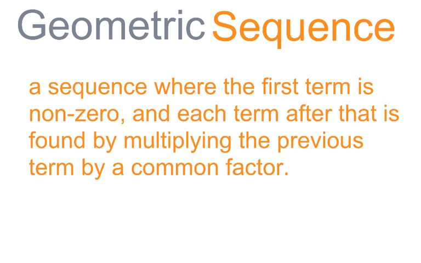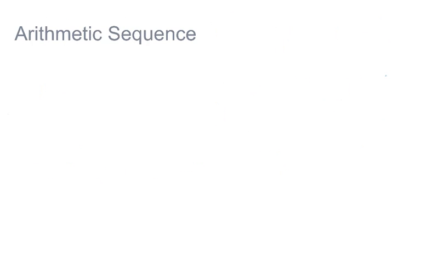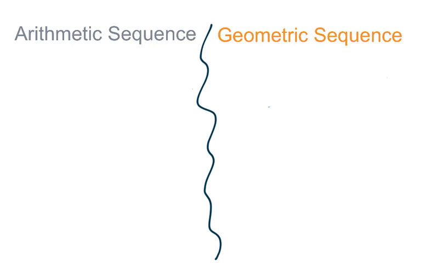We started off sequences by talking about arithmetic sequences. So what's the difference between an arithmetic sequence and a geometric sequence? Well, let's check that out. You've got a definition down. When we did arithmetic sequences, we had an example like 1, 8, 15, 22, 29, and that sequence could continue.